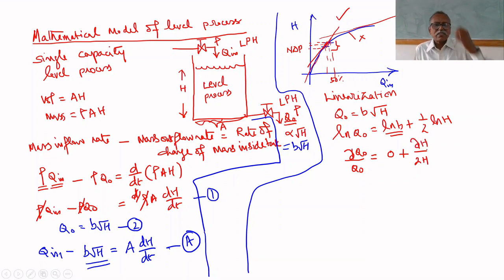This is partial differentiation. What is the physical meaning of dou Q naught? Rate, you are saying. What is dx by dt we are writing?